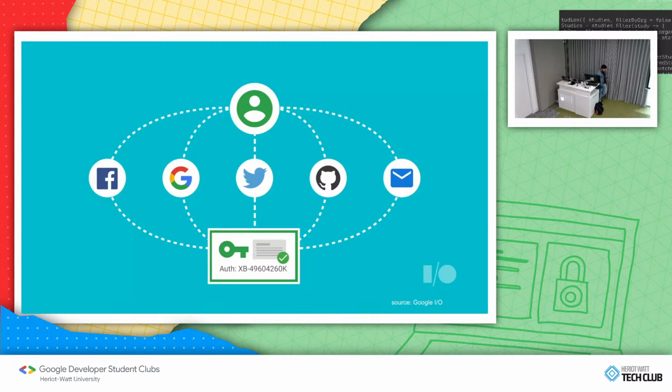So a user with Firebase authentication can log in with multiple different services. So if a user wants to have their account linked with Facebook and Google at the same time, they can totally do that. Since Firebase gives a unique ID, your application will always know that the same person has logged in, even if they log in with different services at different times.